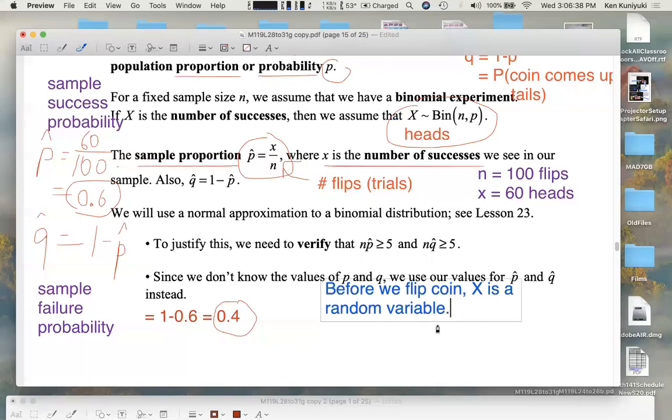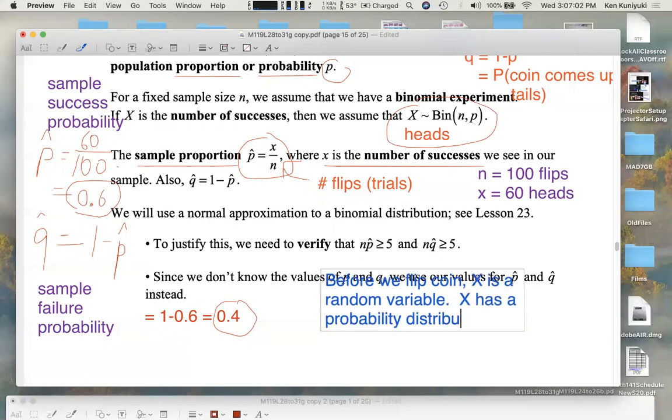We don't know yet what value we're going to get for sure, because we can't predict the future. However, although we can't predict the future, we can find, in principle, a probability distribution for X if we knew what p was. So before we flip the coin, X is a random variable. We don't know its value yet, but we do know that X has a probability distribution.